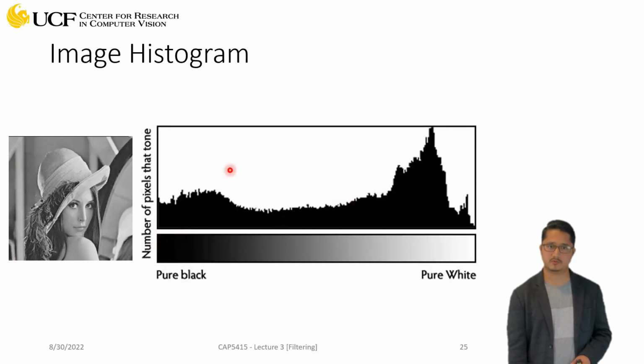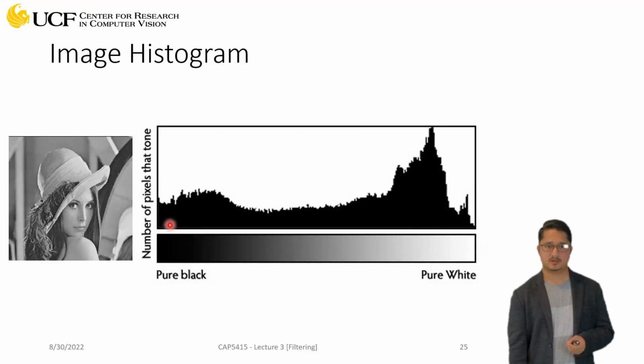So this histogram over here is an example, let's say coming from this image, and the x-axis over here starts from 0, which is pure black, and you move towards the right, which is pure white, which means this indicates 0, and you will increase that number, going all the way up to 255.